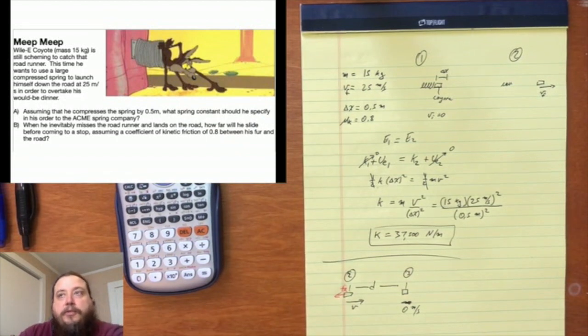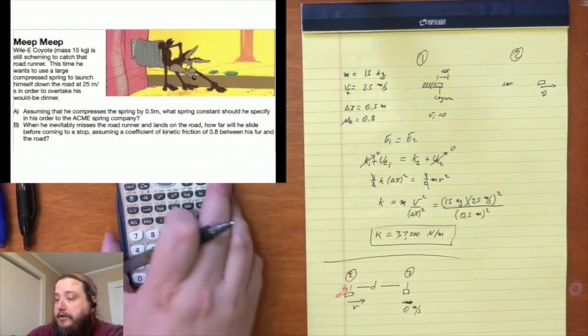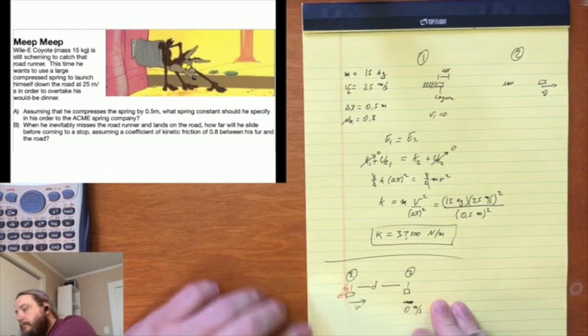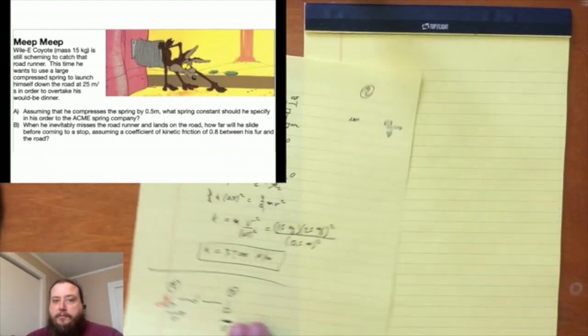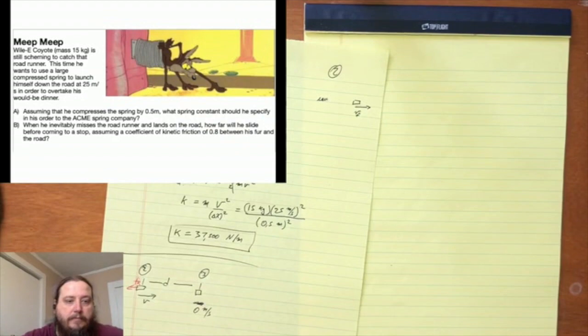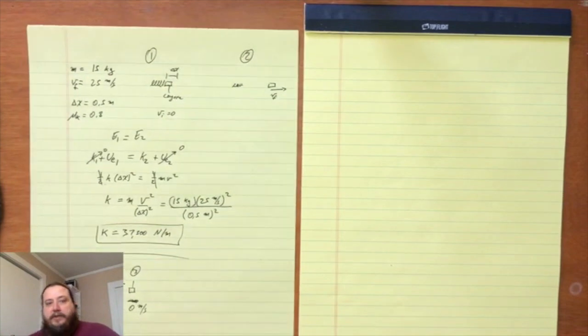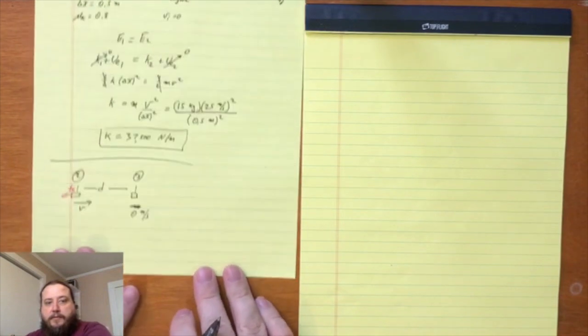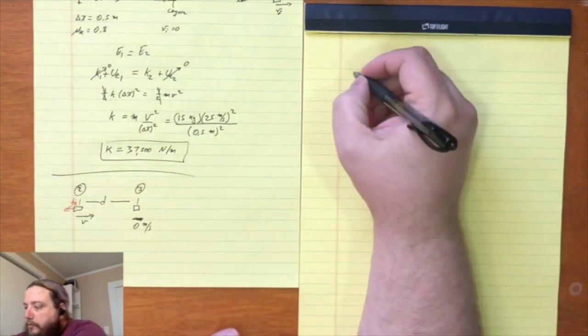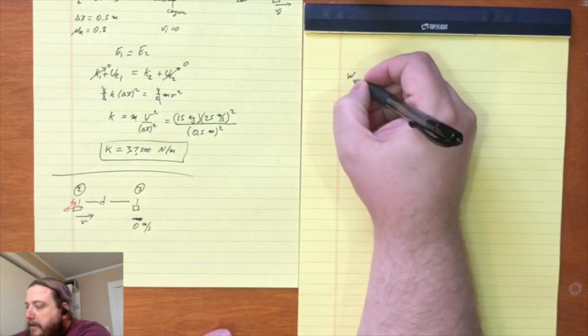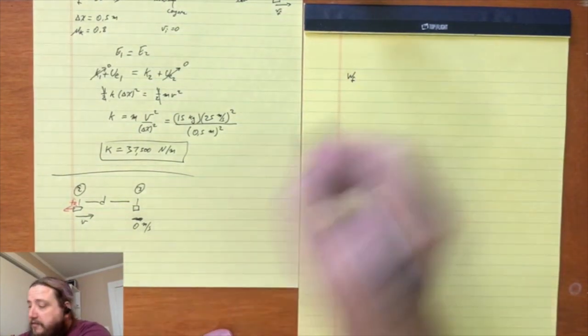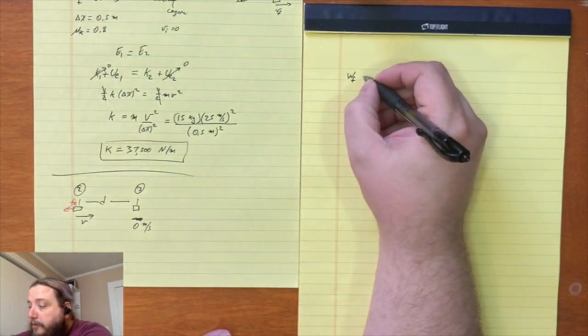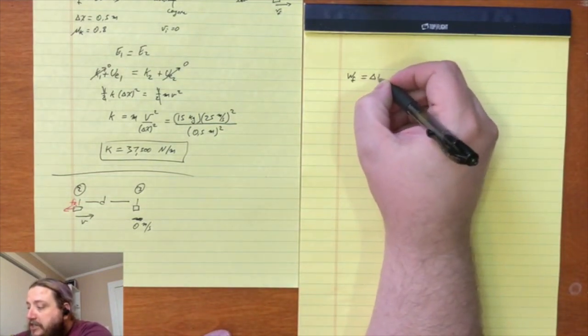And in doing so, that friction force has been doing a negative amount of work on our Coyote. And so we can say that the work being done from moment 2 to moment 3, the work being done by friction in this case, that's our non-conservative force, is equal to the change in the energy.